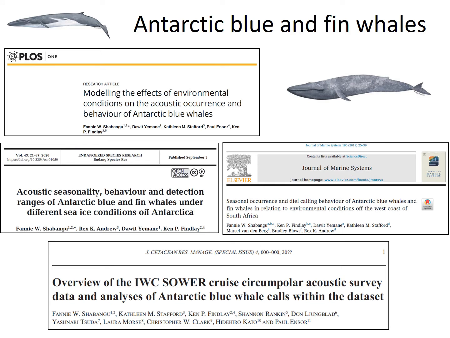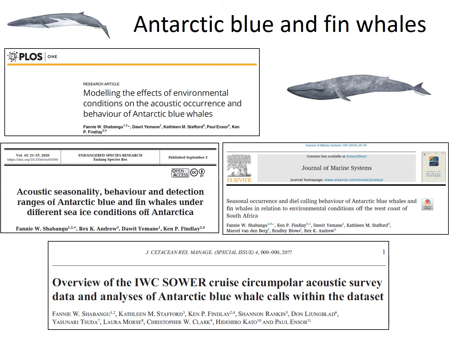So now looking into detailed results, I'll start with the Antarctic blue and fin whale results, which were based on the data which I just showed you how it was collected. From that, we produced 4 papers which looked into evaluating the effect of environmental conditions on acoustic occurrence and behavior of Antarctic blue whales, and we looked into the seasonality, behavior, and detection ranges of blue whales under different ice conditions.